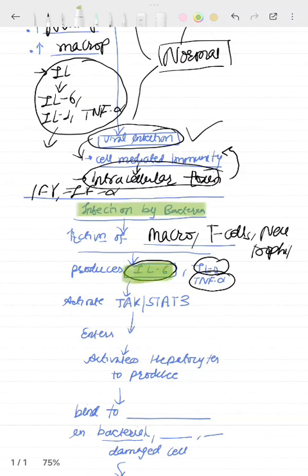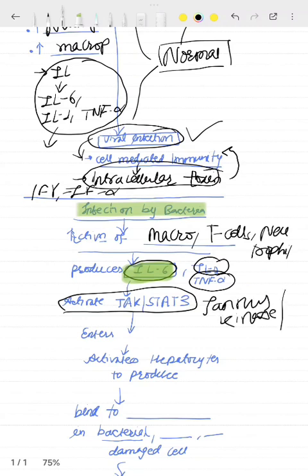This interleukin 6 activates Janus kinase and the signal transducer and activator of transcription 3.